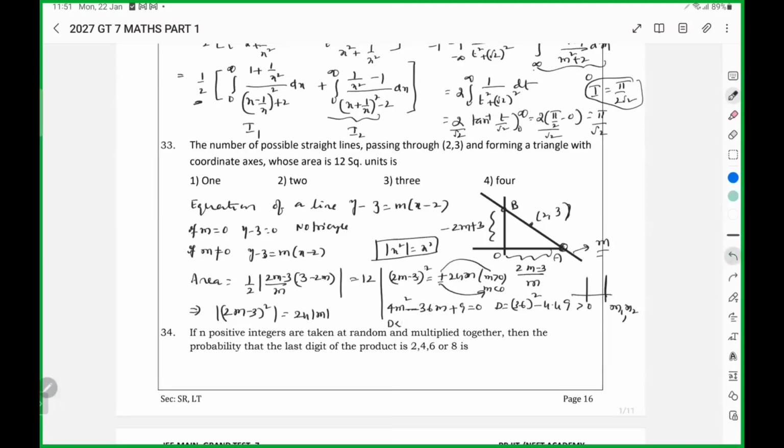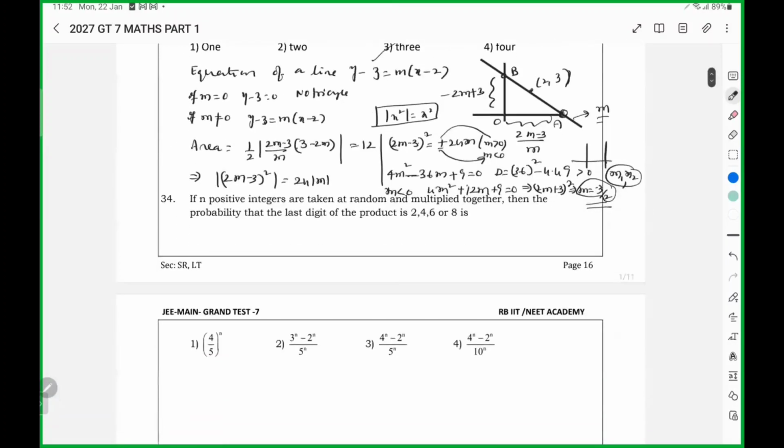For the second case, when m is less than 0, you have 4m square minus 12m plus 24m plus 9. You'll have a perfect square. You'll have only one value of m. Here two values, here one value, totally 3 m values. That means 3 lines are possible.